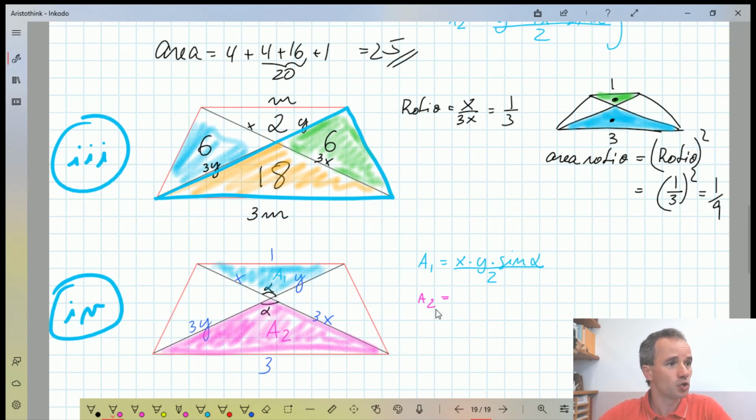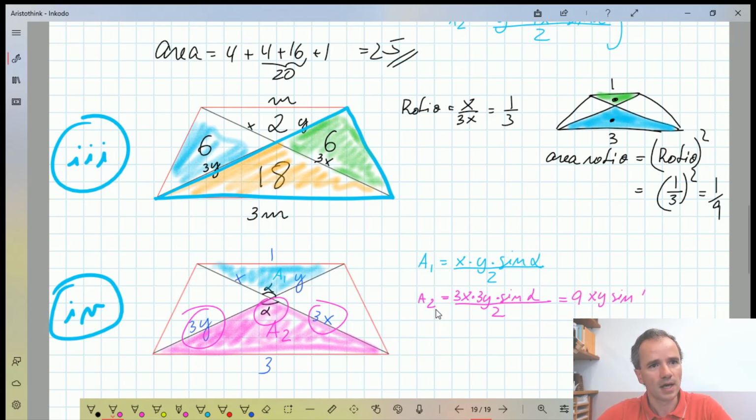This area is going to be what? Sides times sides, right? Those are the sides. And now the angle, times sine of alpha divided by 2. Let's develop a little bit more. This is going to be 9xy sine alpha divided by 2.